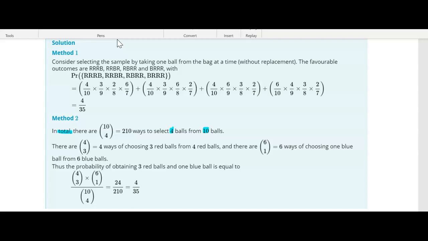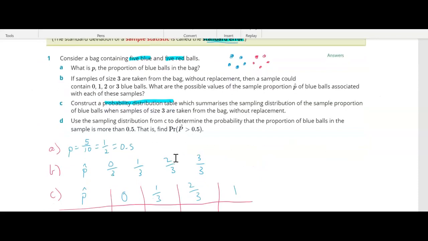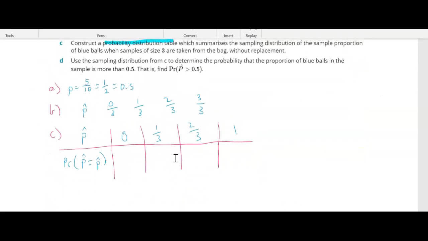So if we want 0 balls, it'll be 5 choose 0. If we want 1, 5 choose 1, and so forth. So let's go. Why is nothing working? Okay. So for question C, I'll just do it on the side here.